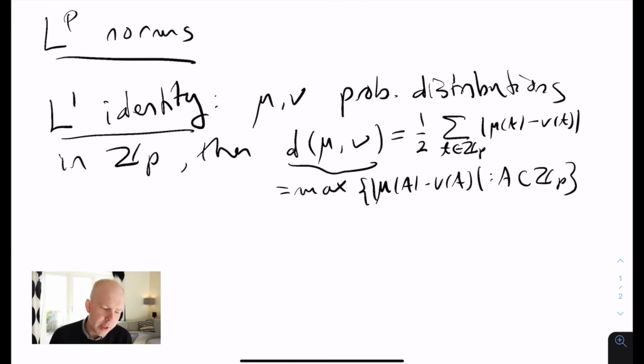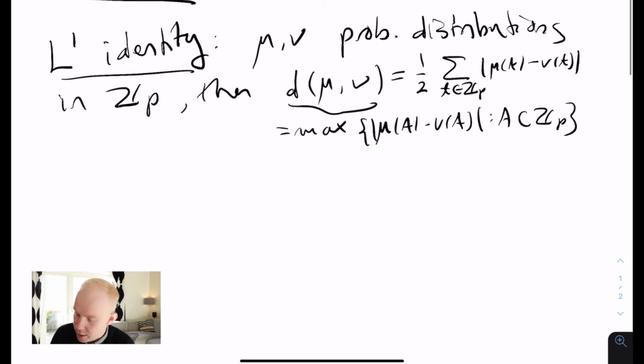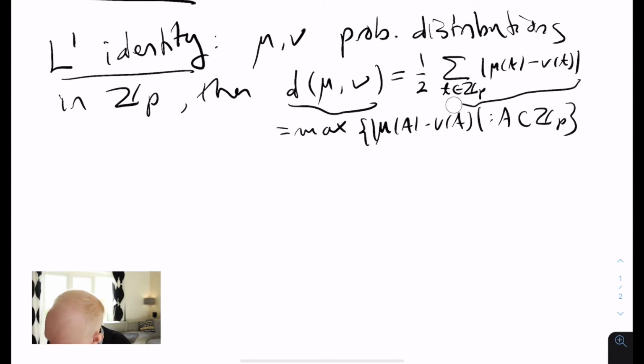But later on we will also start using other types of norms, which help us better understand the behavior of these random walks. With the L1 identity, you already see this quantity here. The reason it's called the L1 identity is exactly this expression.